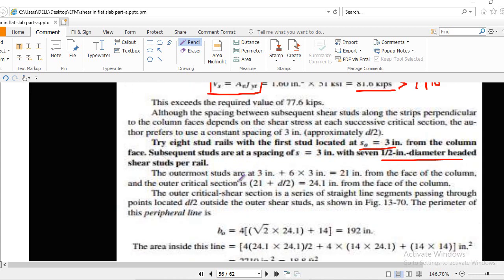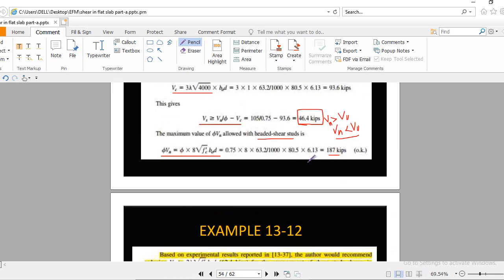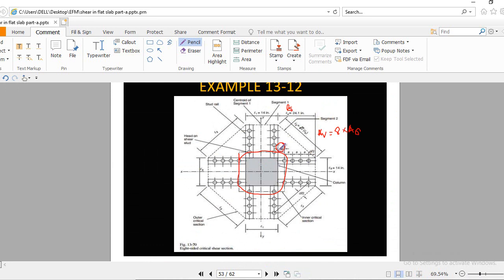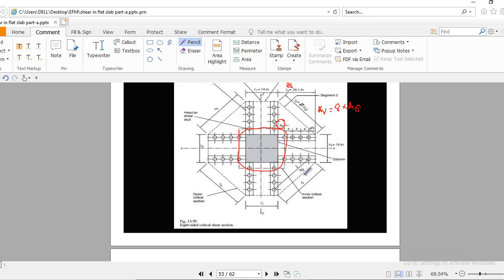Now the outermost studs are at 3 inch plus 6 times 3. Let me explain it. We have to place here 7 studs. If you are placing 7 studs, how many spacings will be in between these 7 studs? 6, remember.